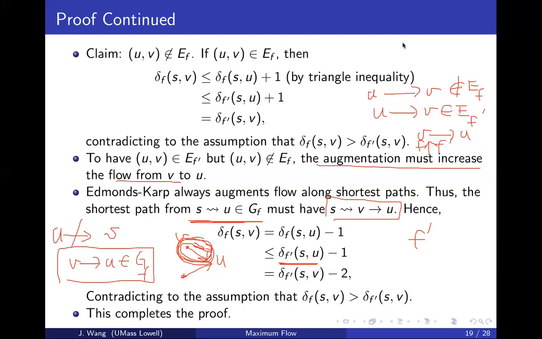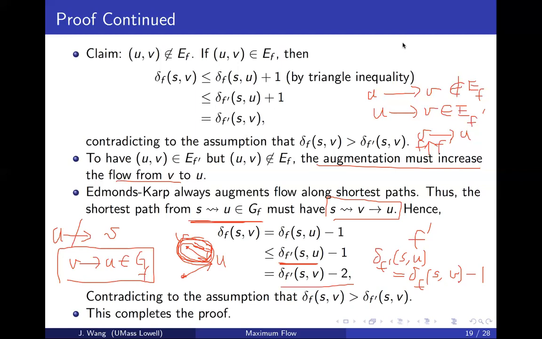And earlier, in the previous slide, we saw that delta F prime SU is equal to delta F prime SV minus 1. So that means it's equal to delta F prime SV minus 2.